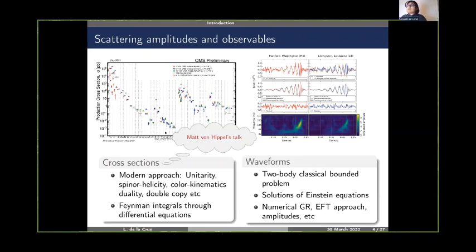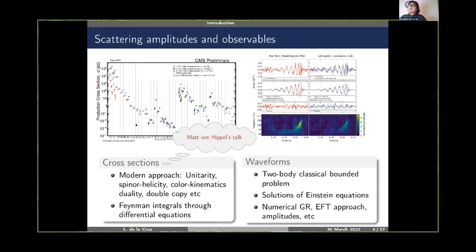To make these theoretical predictions of cross-sections, the modern approach is to use unitarity, spinor helicity, color-kinematics duality, double copy, and so on, all the techniques that were mentioned in Matt's talk. And as he also mentioned, at the end of the day, one needs to solve some Feynman integrals, which are usually solved with differential equations if one needs analytic results, for example, of cross-sections.